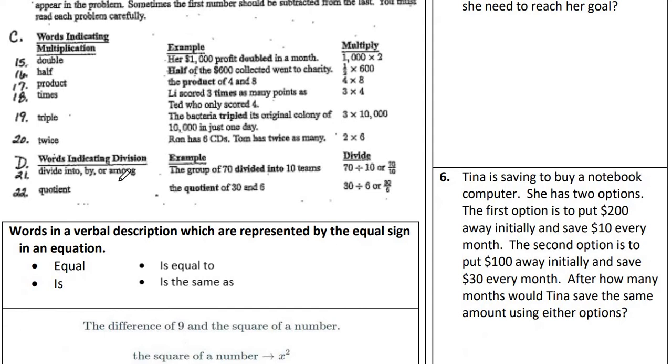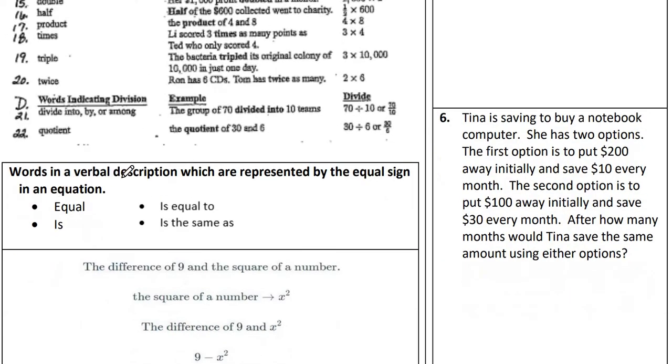Now these words indicate division: divide, into, by, among, or quotient. Look at this example: the group of 70 divided into 10 teams. You would say 70 divided by 10, or write it as a fraction, 70 over 10. And like I said, these are the most common words that you would find.